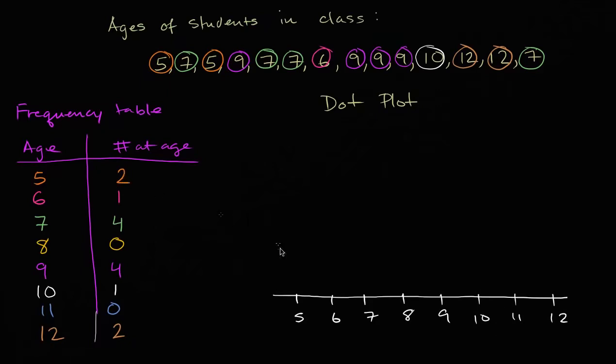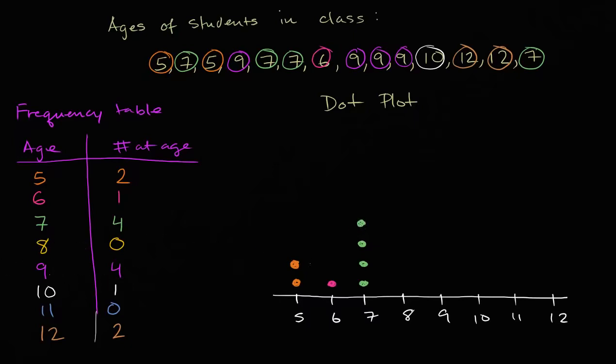So there's 2 5-year-olds, so I'll do 2 dots. There's 1 6-year-old, so that's going to be 1 dot. There's 4 7-year-olds, so 1, 2, 3, 4 dots. There's no 8-year-olds.